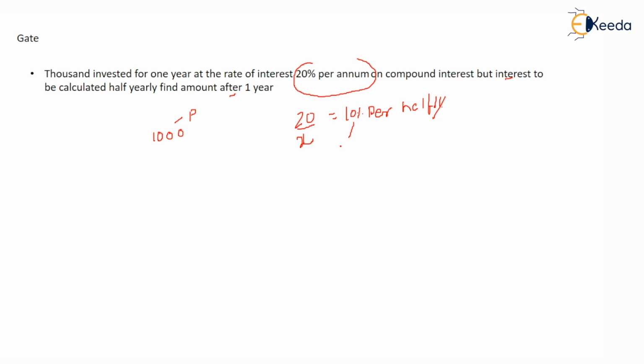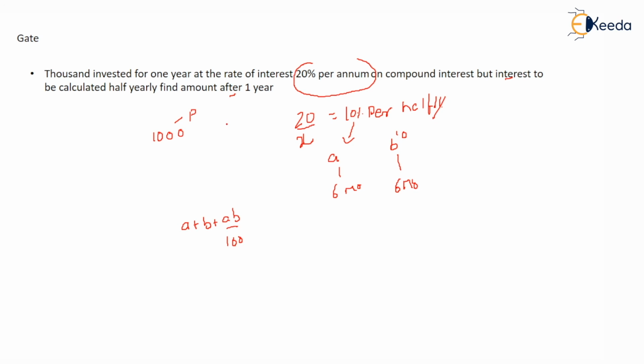So 10% for 6 months, and for the next 6 months it is again 10%. So you can find it now with a plus b plus ab by 100. Why are we doing this? Because you have to calculate on a half yearly basis. For half yearly, we divided the yearly rate by 2, because there are two 6-month parts in a year.